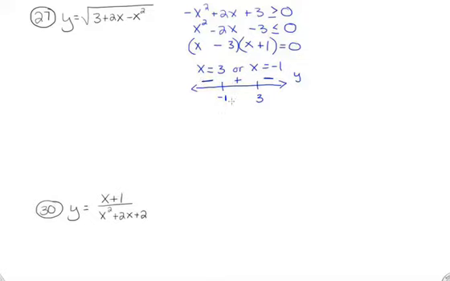So what this means is my domain of this function is from negative 1, including negative 1, all the way to 3. So this one actually has endpoints. So I should check those. So I'm going to need to find f of negative 1, but I already know f of negative 1 is 0.